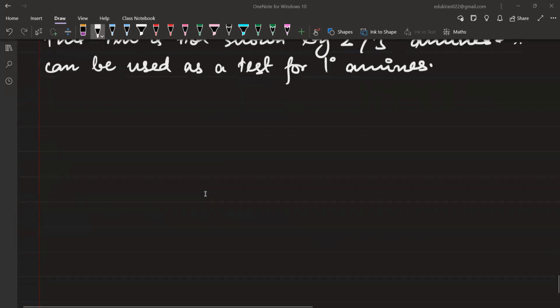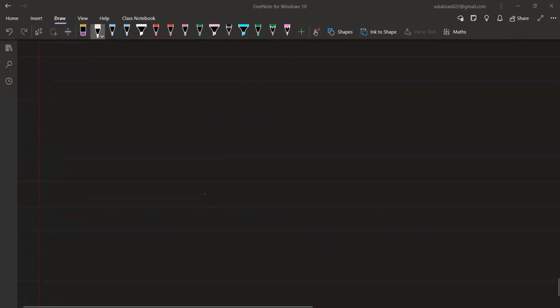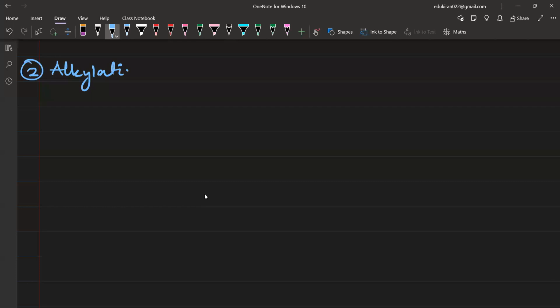Right, next, alkylation. ठीक है, तो alkylation में ये रिएक्शन हम लोगों ने पहले भी देखा है. That is when you have RNH2, it reacts with haloalkane, it will give you a salt, that is RNH3+. इसमें R लग जाएगा.